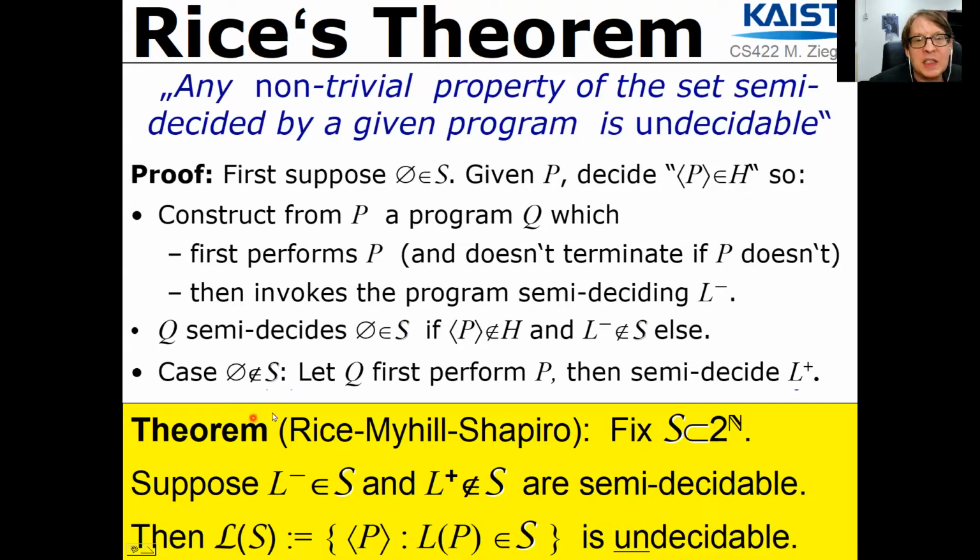Now in the second case, we simply modify the transformation here. Namely, we make Q first perform P as previously.